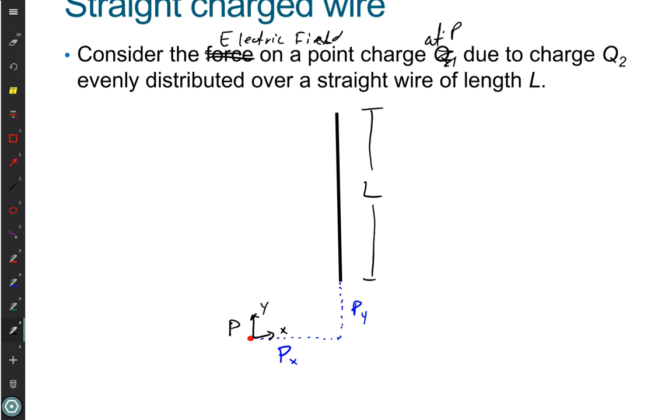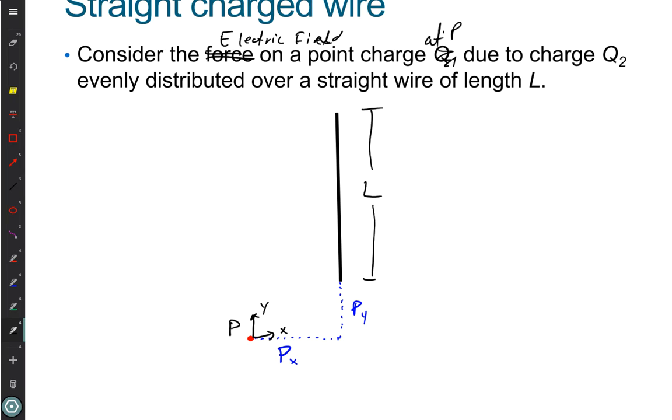All right, so I've got the picture set up. Now let's start the nitty-gritty, the very beginning. What's the first step in solving a problem like this? Determine if it's one-dimensional, two-dimensional, or three-dimensional. Is that charge distributed over a line, over a surface, or over a volume?